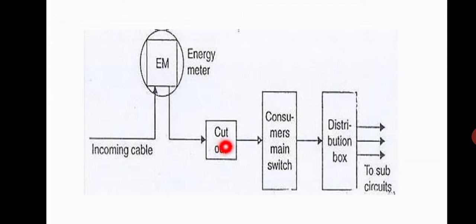Once this is cut out, the consumer will not receive the power, and this is called the consumer main switch. The consumer will have full authority on this consumer main switch, but will not have any authority on the cutout switch.